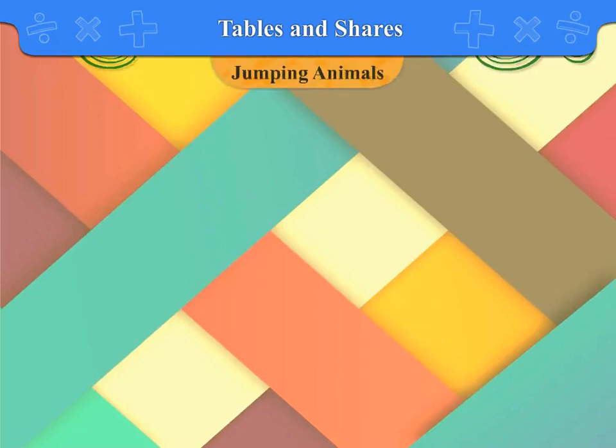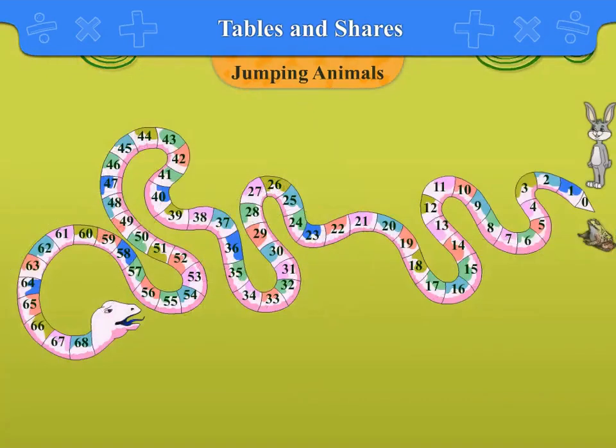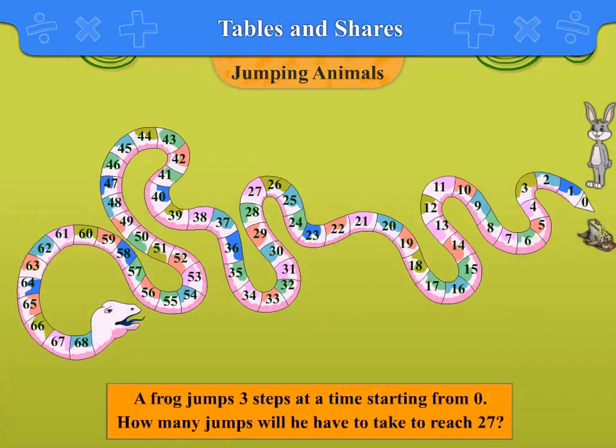Jumping animals. Do you remember the jumping animals in the Math Magic book of class 3? A frog jumps 3 steps at a time starting from 0. How many jumps will he have to take to reach 27? Let's find out.